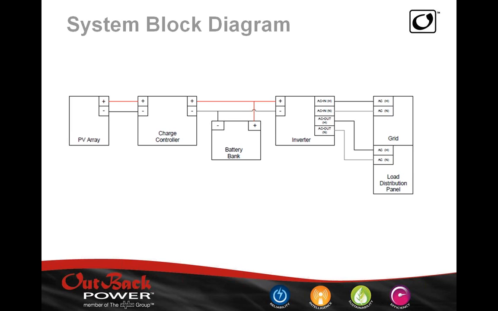If they are fully charged and just floating, they require negligible amounts of current, in the milliamp range. Whereas if they are discharged, they would require lots of current. But essentially, the system is designed so that the transfer of energy from the PV array to the grid or to the loads is very, very efficient.